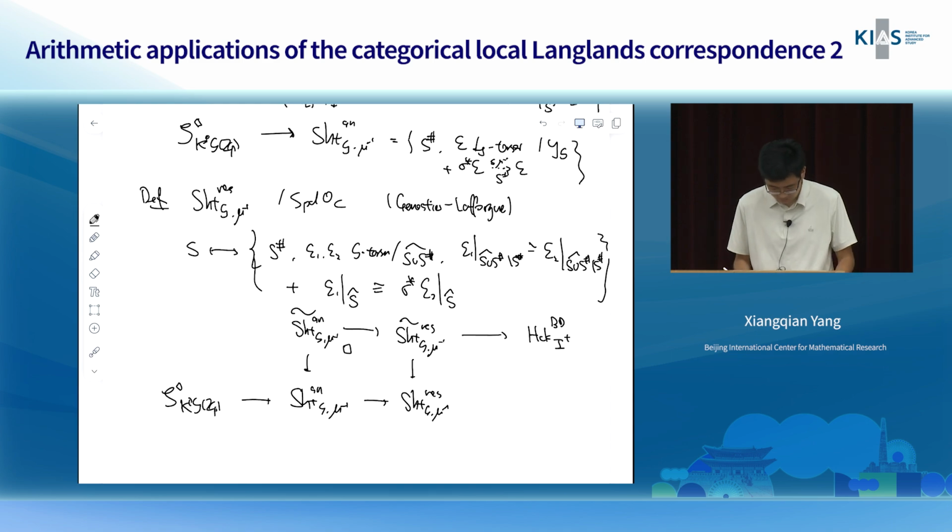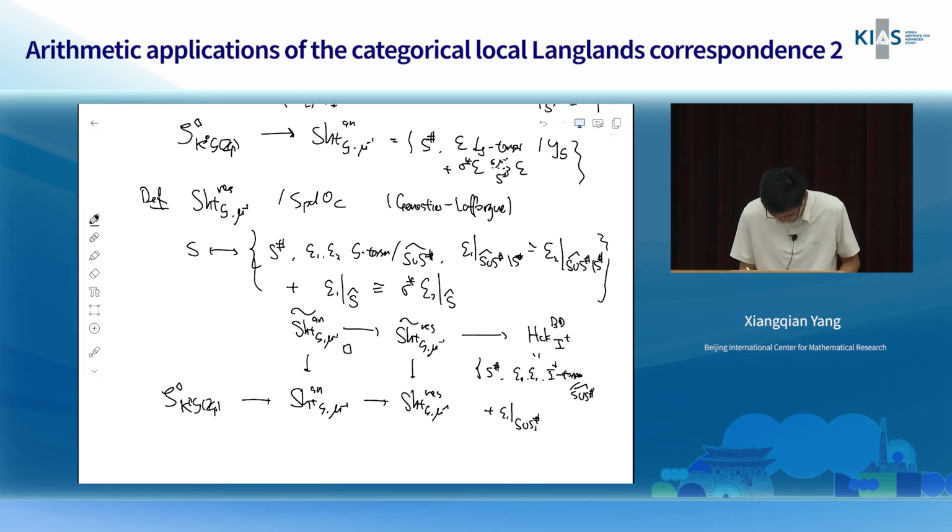which classifies an untilt and two torsors, like I-plus torsors, over the completion of S union S sharp, together with an isomorphism that restricts to, okay, away from S sharp.